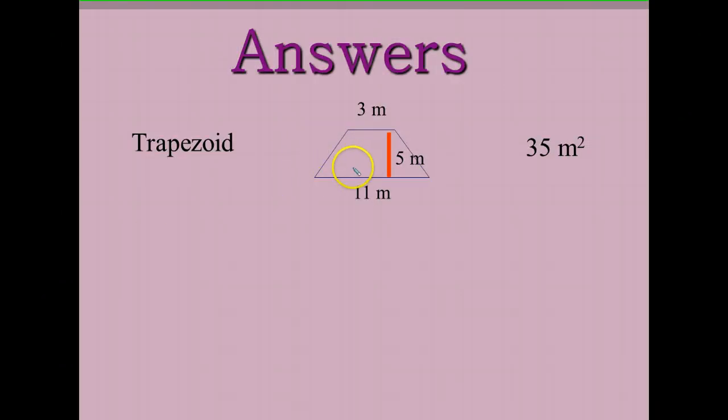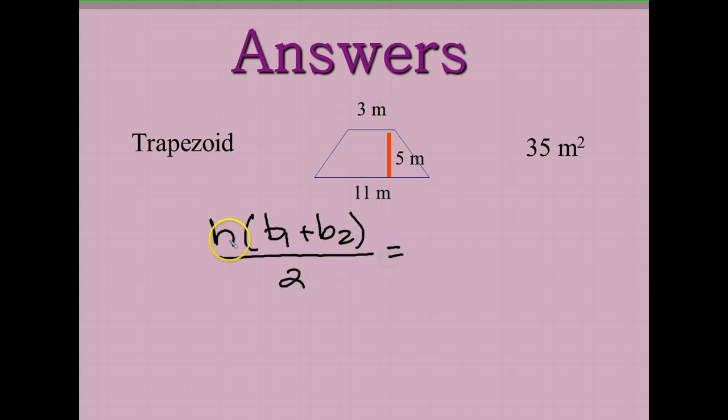Alright, so first thing you really want to do is to write down your formula, which should be the height times base 1 plus base 2, and then we divide it by 2. Okay, so here the height is 3, sorry, 5.